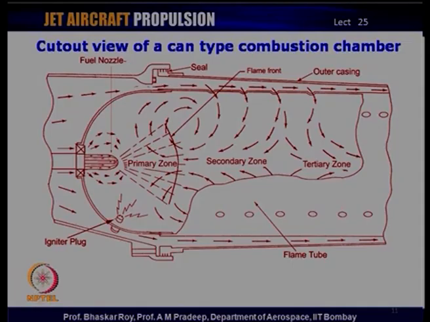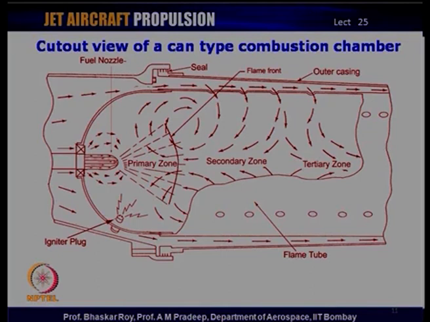At the end of the primary zone, one has to ensure by design that the entire heat has been released by chemical reaction from the fuel and air mixture, and this released energy now needs to be uniformly distributed across the entire combustion chamber.